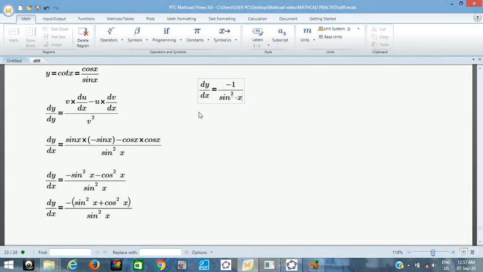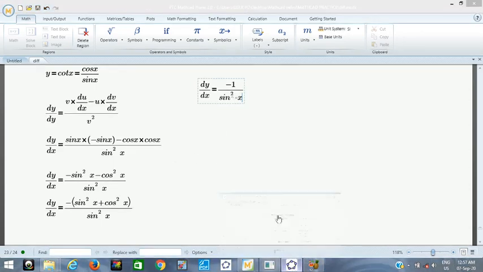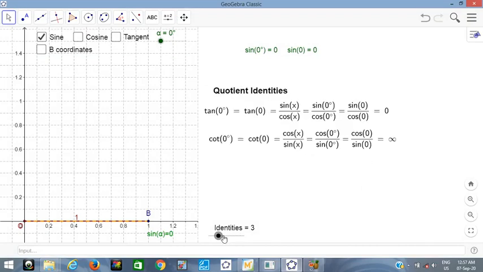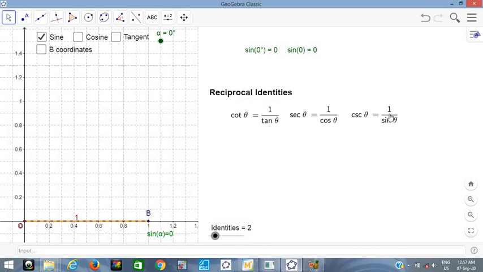Then how are we going to do this now? From our trig ratio, 1 divided by sine is the same thing as cosec x.